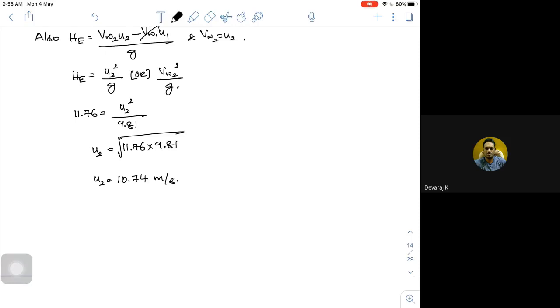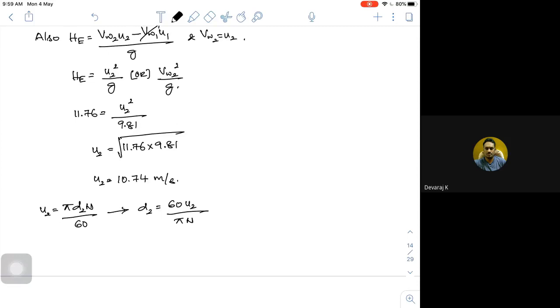We know that U2 is equal to pi d2 n by 60. We are supposed to find the exit diameter. d2 is equal to 60 into U2 divided by pi into n.